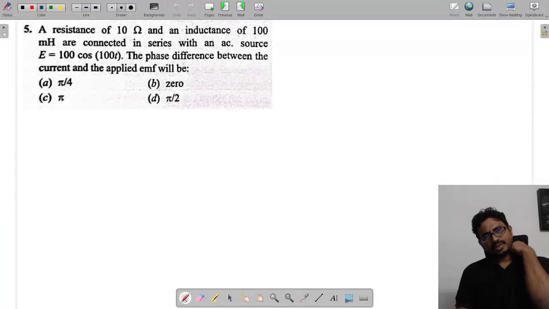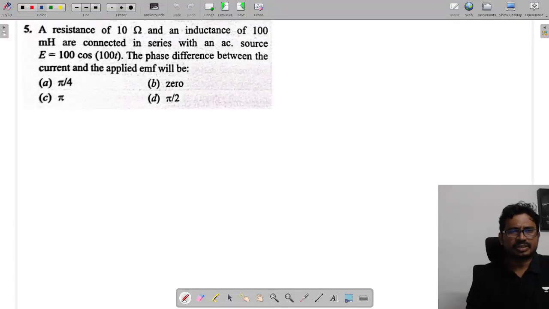Next, a resistance of 10 ohms and inductance of 100 milli henry are connected in series.